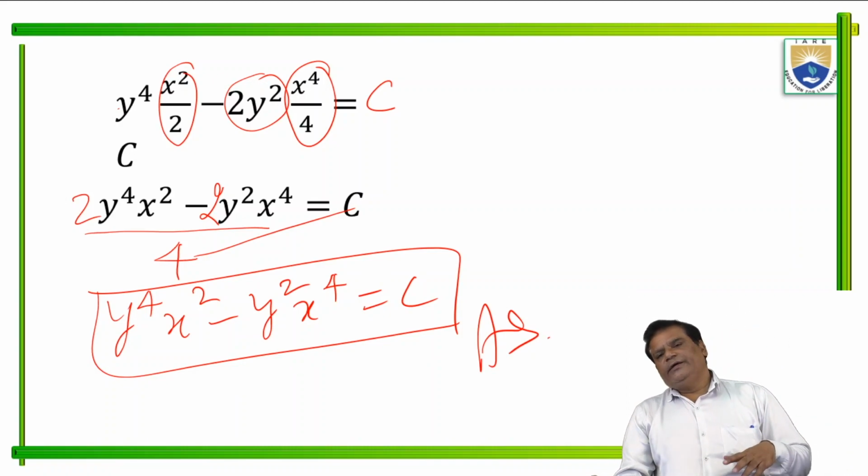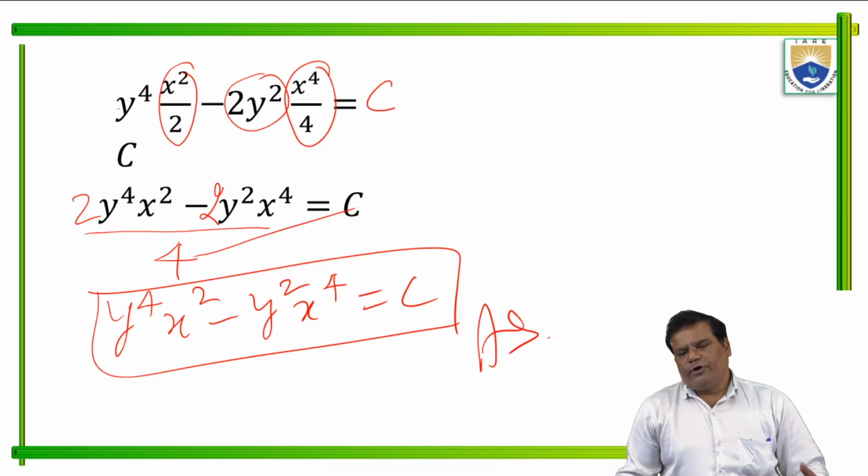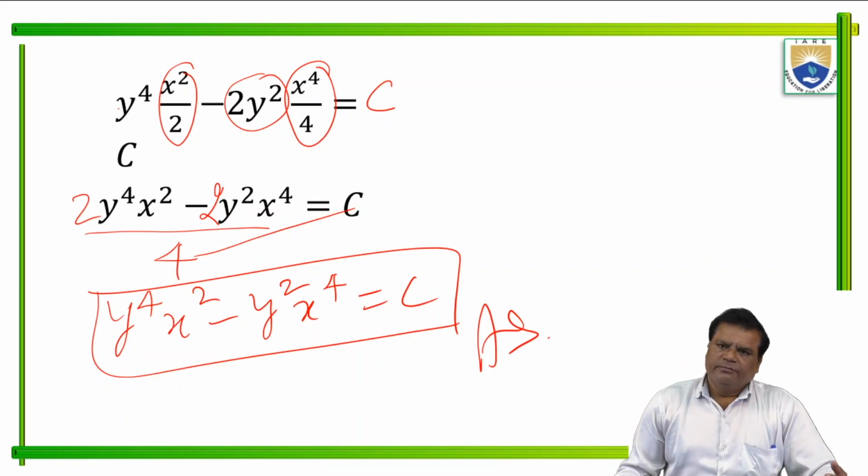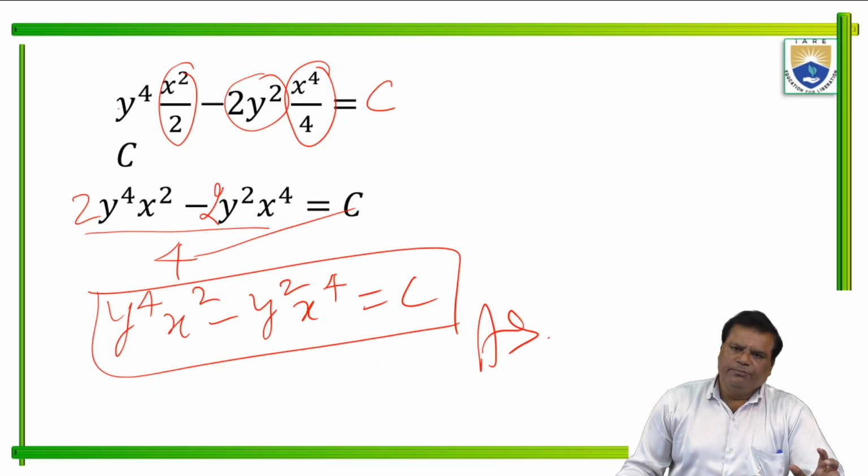So what we learn from this question is that when any question is given to us that is not exact, we make it exact by considering an integrating factor x to the power h and y to the power k, where h and k are unknown.